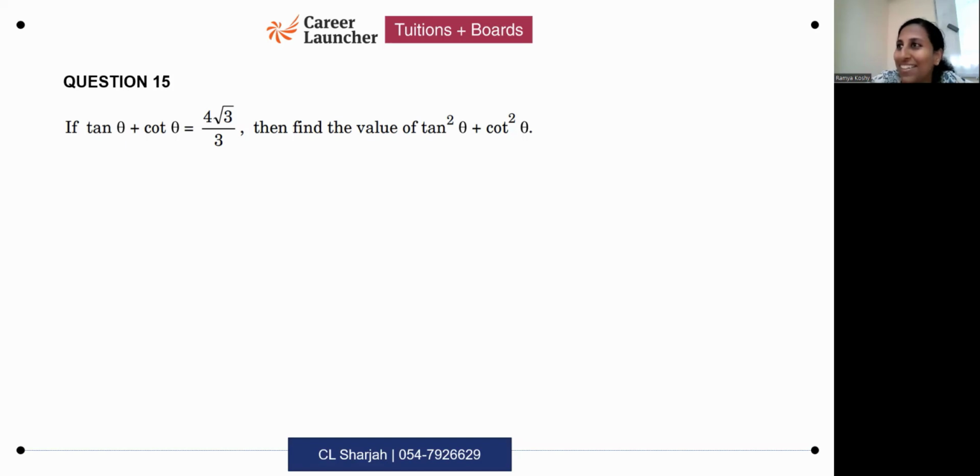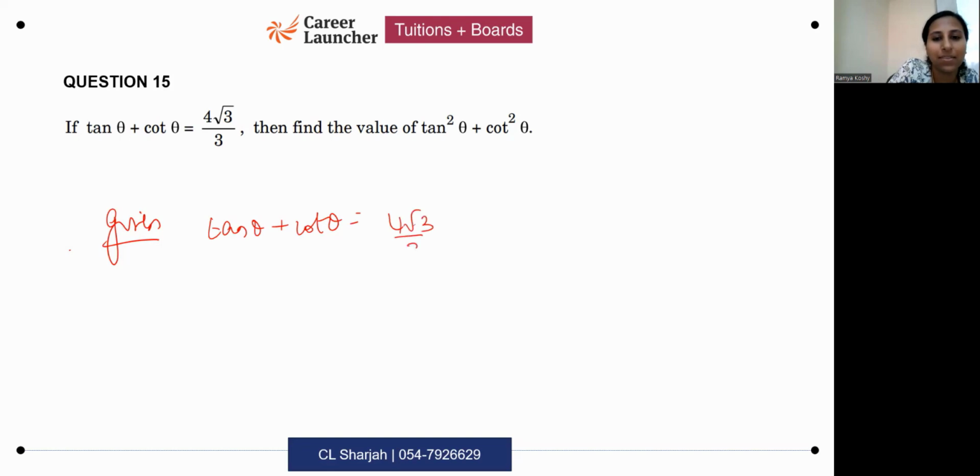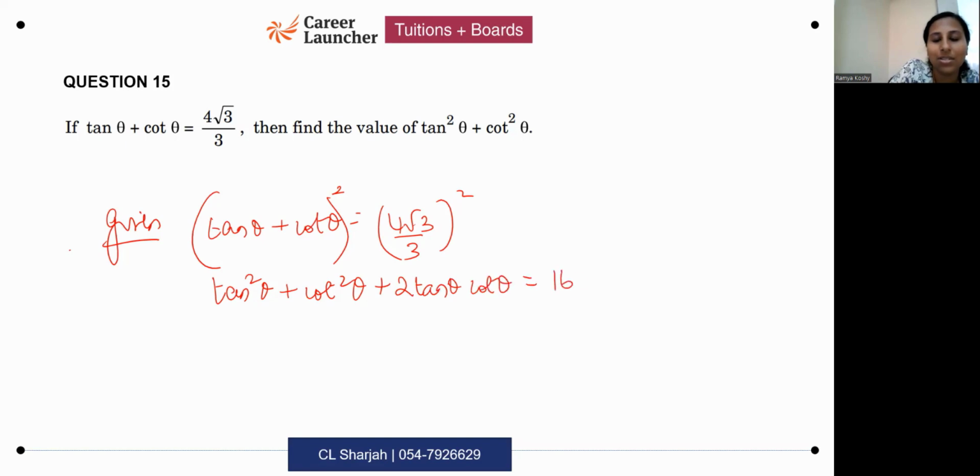I'm starting with what is given. Tan theta plus cot theta equals 4 root 3 by 3. Square both sides. So you get tan square theta plus cot square theta plus 2 tan theta cot theta equals 16 into 3 by 9. Okay? This is what you have to find, right?